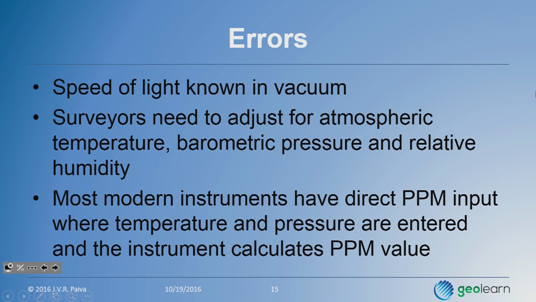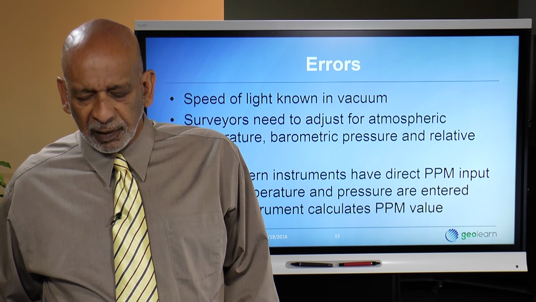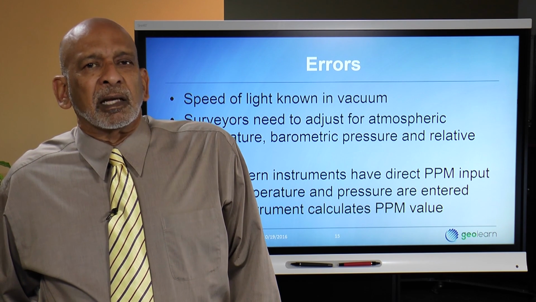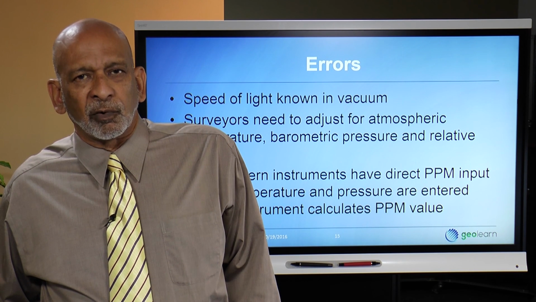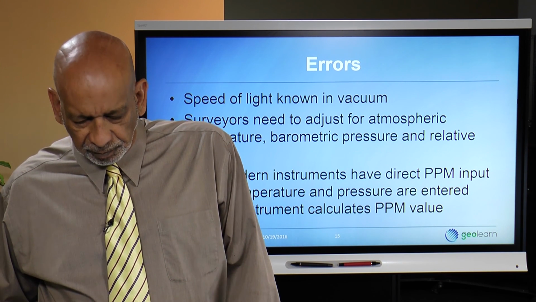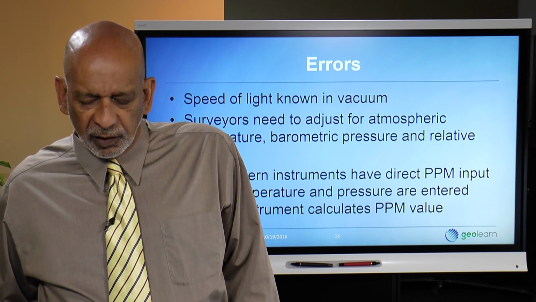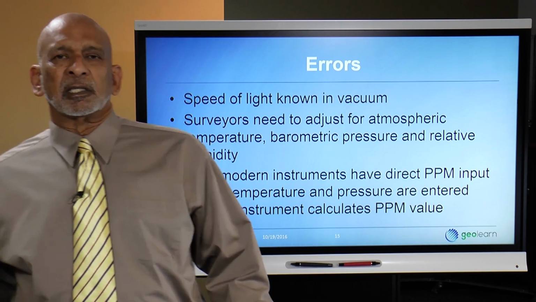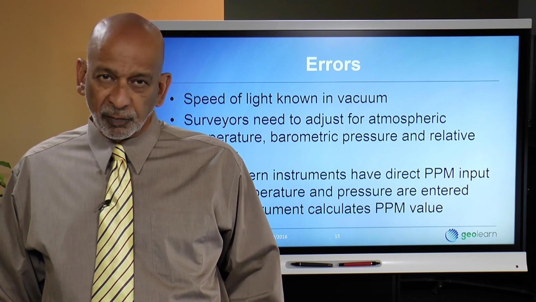They come from different areas, and we'll have a more categorical listing of some of the errors that happen, but let's just talk about some general things. The speed of light, as I mentioned at the beginning of this lecture, was determined, but it was calculated for a vacuum. Now, when surveyors use electronic distance meters, they really need to adjust for the fact that the speed of light through the atmosphere is affected by the temperature of the atmosphere, the barometric pressure, and the relative humidity.